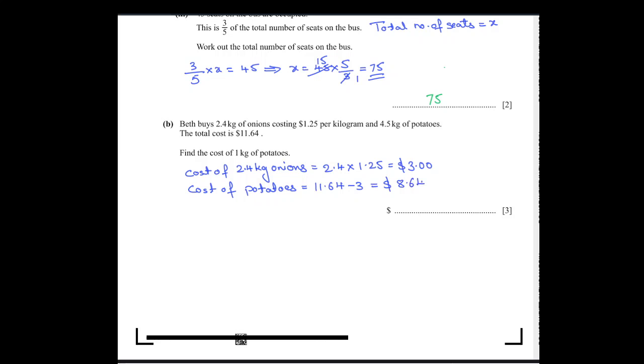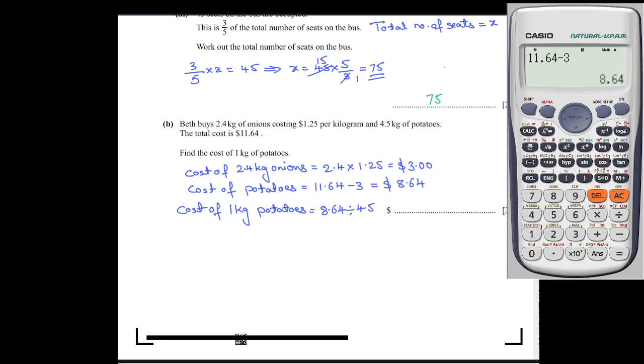Now this is the cost of potatoes, but we need to find per kg. 1 kg potatoes is how much? So cost of 1 kg potatoes is equal to 8.64 divided by 4.5.